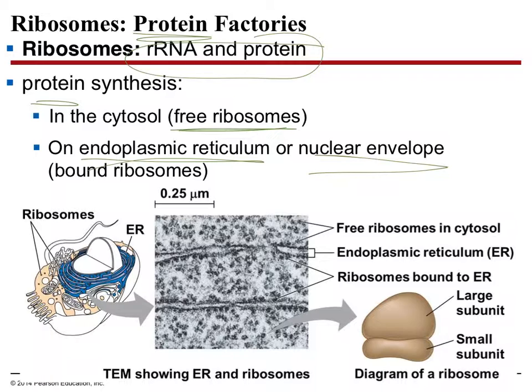So the function of ribosomes is to build protein, but we find ribosomes in several areas. One would be free in the cytoplasm, and the other would be either on the endoplasmic reticulum or on the nuclear envelope. These are referred to as bound ribosomes, but they're similar in either location in that all ribosomes really are there to build protein.